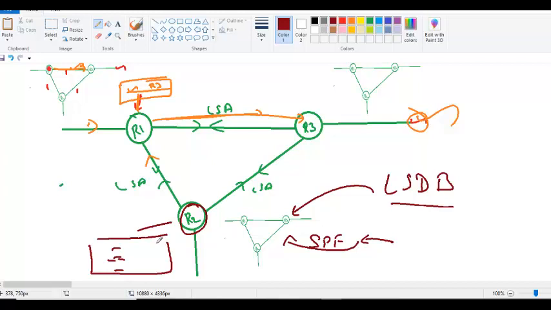Link state database, link state advertisement, these are all the terminologies that you should know about OSPF. So far I have explained why OSPF is called a link state routing protocol. And OSPF is a link state protocol with an administrative distance of what? 110.